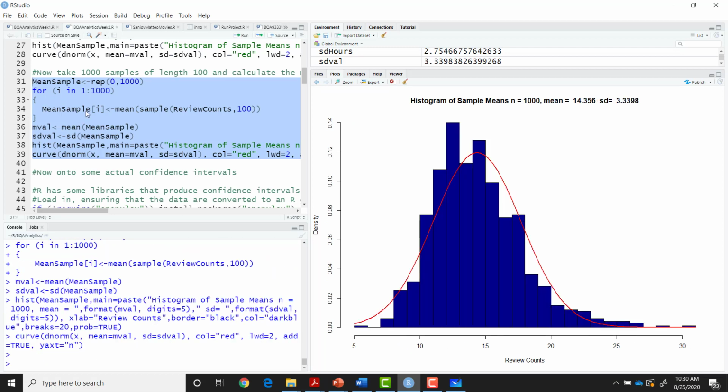So this is what we're relying on. Generally, if n is over maybe 50 is the usual, or sometimes 30, when we take the samples, then the distribution of the sample means is relatively normal. That's just all these curves that you draw in class.